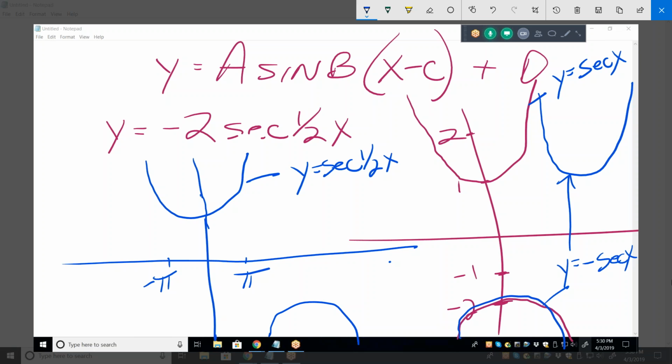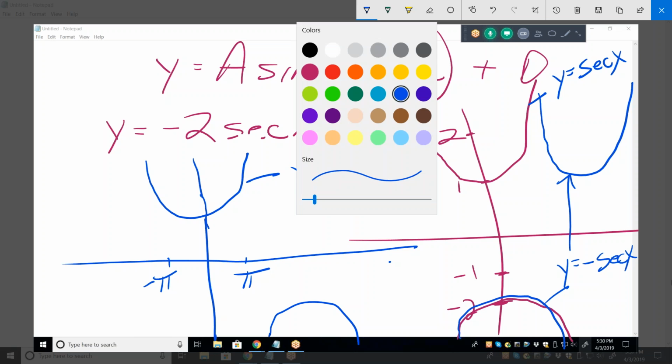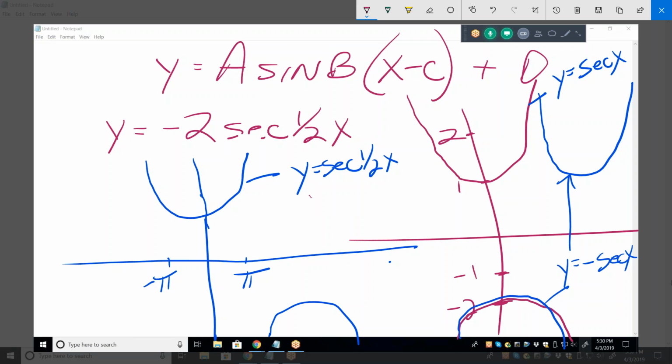Well, we're dealing with y equals -2 secant of 1/2 x. And the only thing that -2 does is it reflects it and it changes the amplitude. So if I want, I can reflect it.